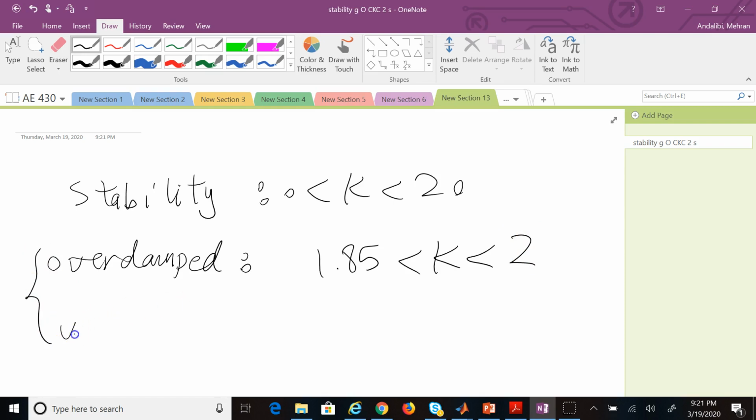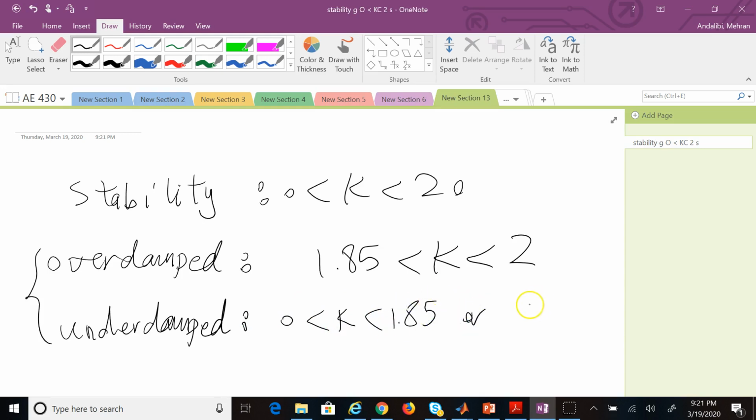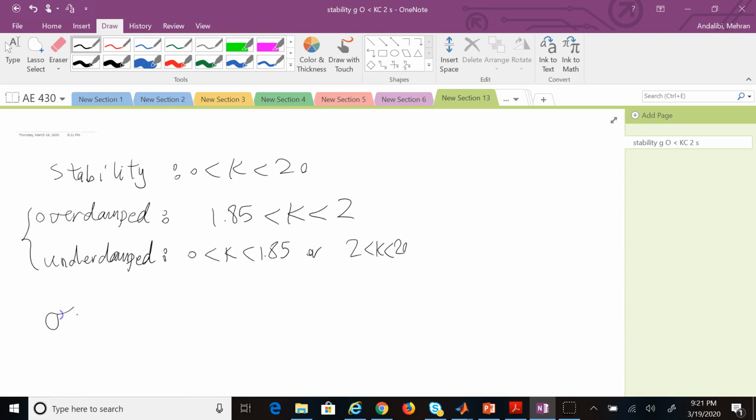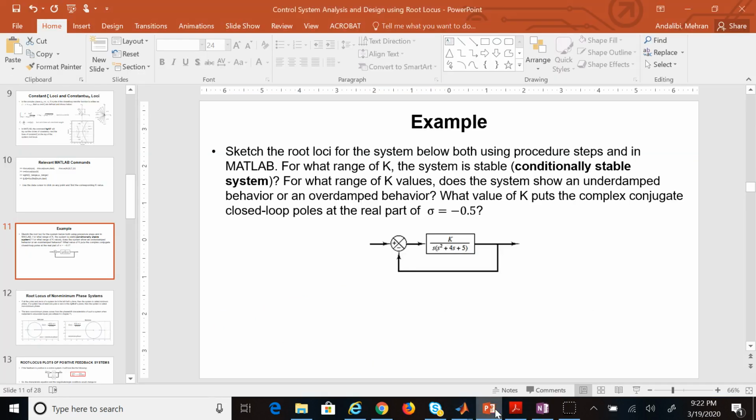But if I want underdamped, then K is either between 0 and 1.85 or between 2 and 20. And if I want a sigma of -0.5, then the K value has to be 6.01. Okay, so these are the answers to this question that we just went over.